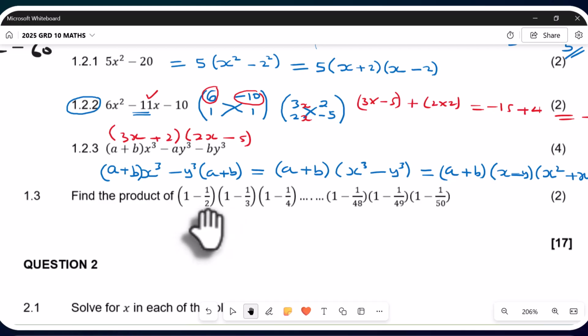Even the 4 with its neighbor, and the immediate neighbor down here, the cross is 47. So you're going to have 1 times 1 times 1 times 1 out of 50. So the answer will be 1 out of 50. That is it, my friend.